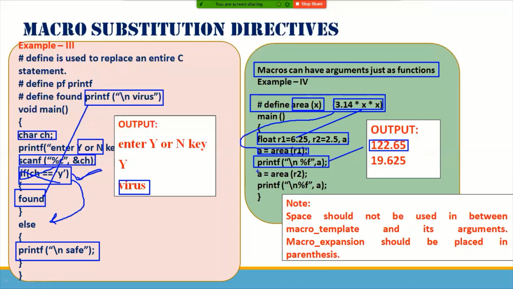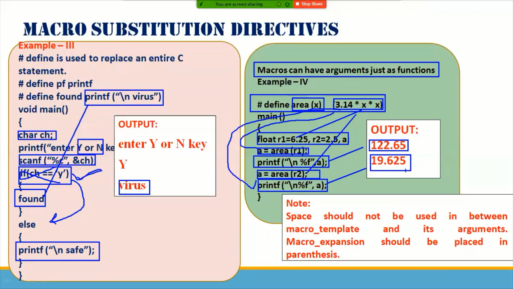And the second time the area is called, with R2. R2 is 2.5, so 2.5 into 2.5 into 3.14. That value will be returned from this place to this place, and displayed with the help of the printf statement. During this process, the value 19.65 will be displayed.